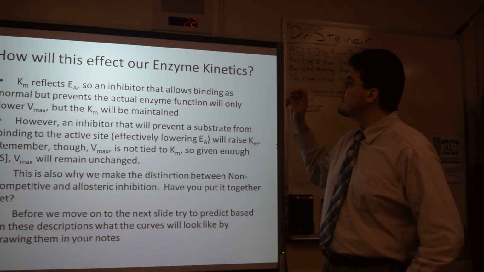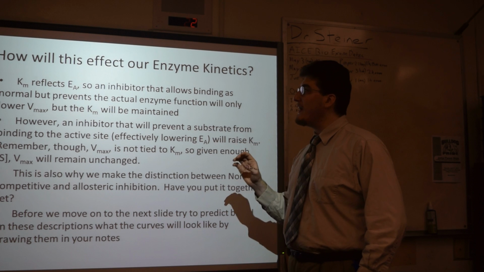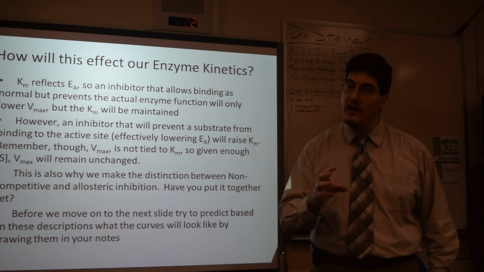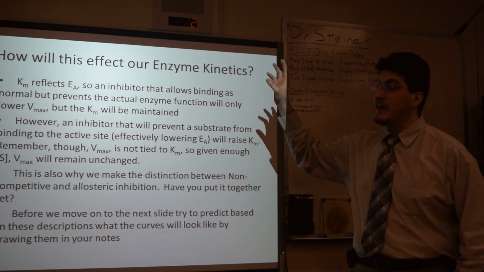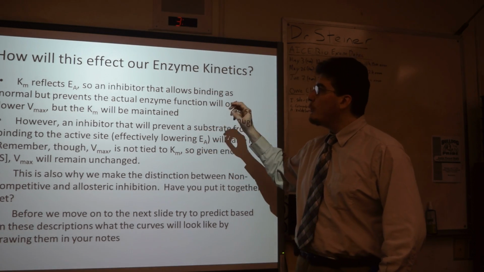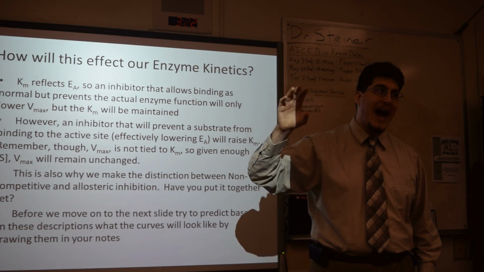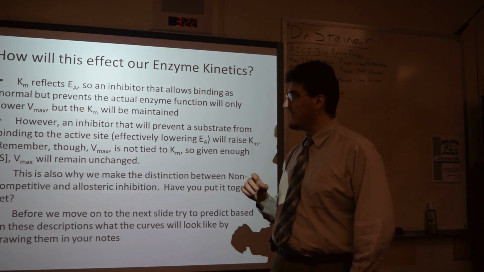An inhibitor that allows binding as normal but prevents the enzyme from actually functioning, which is a non-competitive inhibitor by definition, will only lower the maximum velocity of enzyme activity.